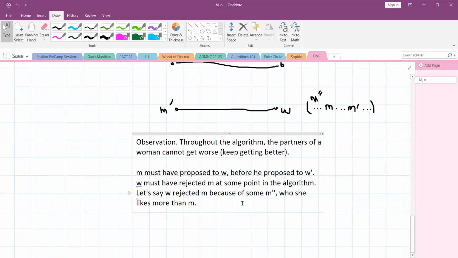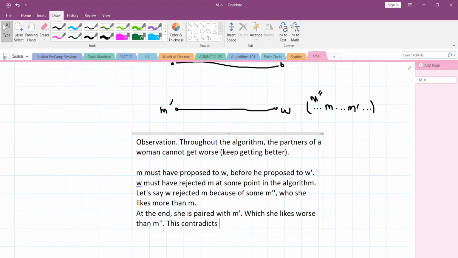So it must mean that that's a contradiction, right? At the end, she is paired with M prime, which she likes worse than M double prime. This contradicts the above observation.